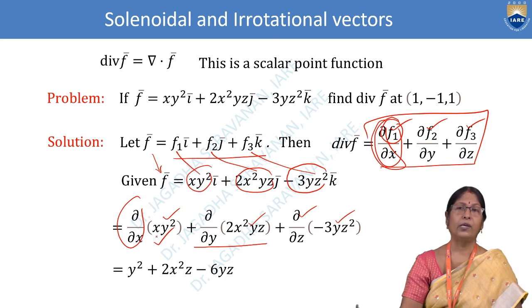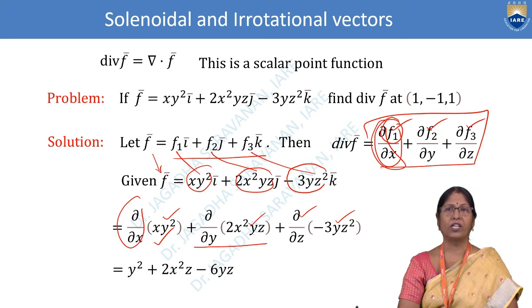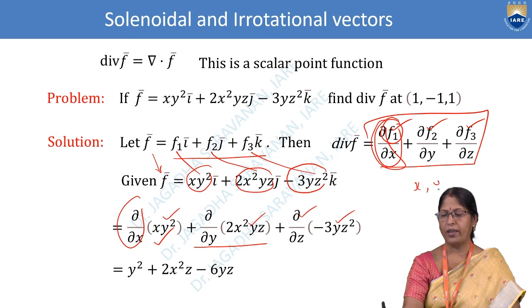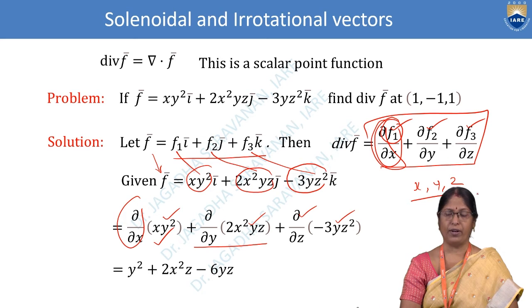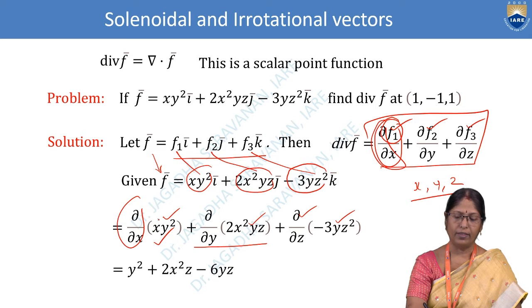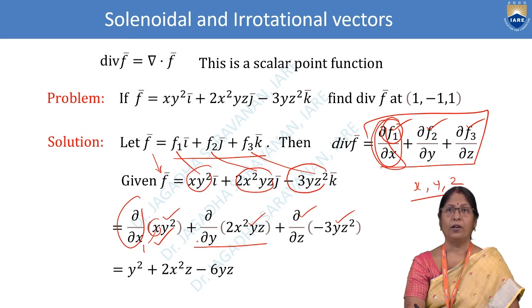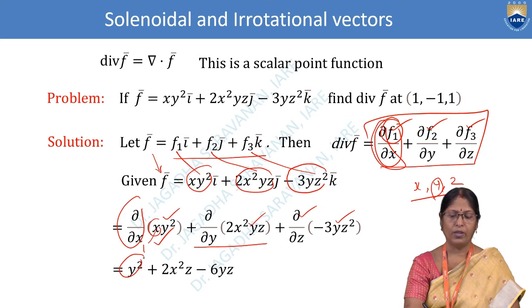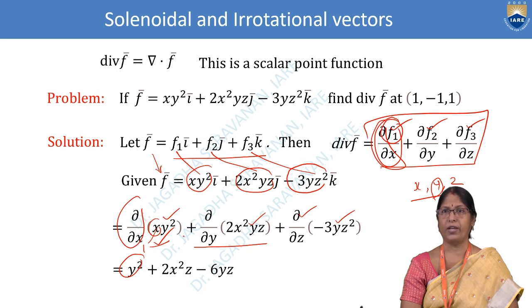We are doing the partial differentiation with respect to x. The variables x, y, z are in three dimensions. Now we want to differentiate with respect to x. The derivative of x is 1, but y square, the other variable, is treated as a constant. So y square into 1 is y square. This partial differentiation is completed.